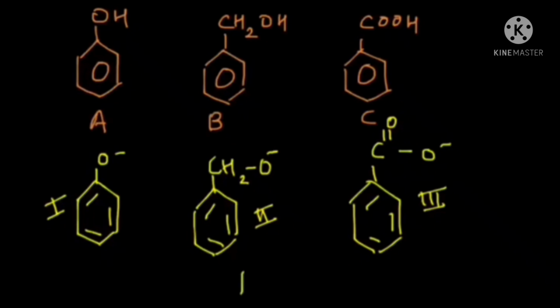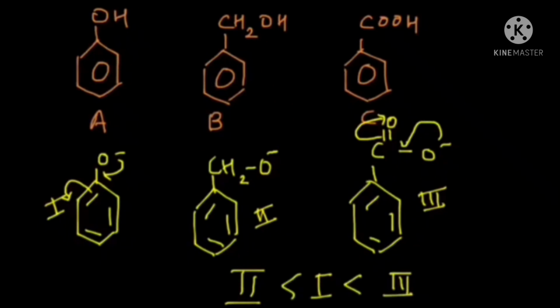So the species 2 is the least stable. Now between 1 and 3, if you look at the resonating structures, the negative charge on the oxygen will go to another oxygen atom, whereas in 1 the negative charge will go to a carbon atom, and therefore 3 is more stable than 1.